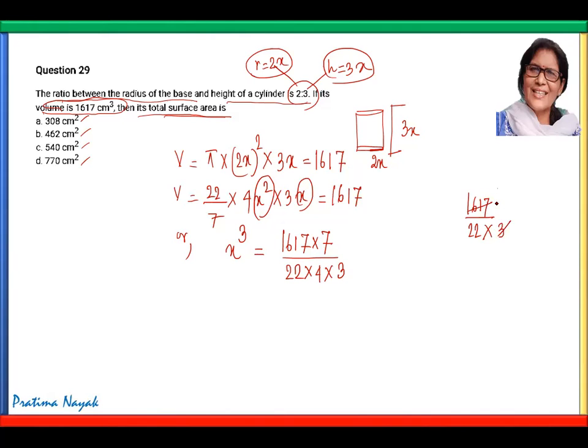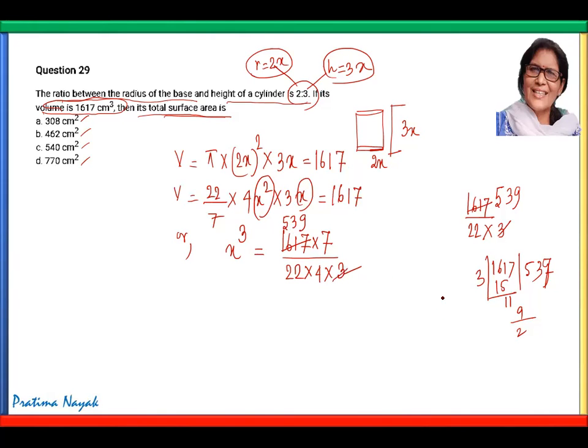3 5s are 15. Carries 1. 3 3s are 9. 3 9s are 27. 1617 divided by 3. 3 5 times 15. 1 1. 3 3s are 9. 2 3 7. 3 9s are 27. So it will be 539. Next I'll cancel with your 11.